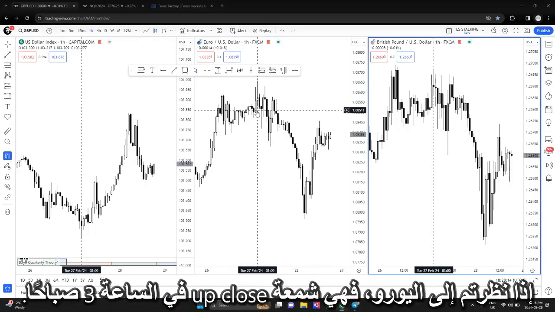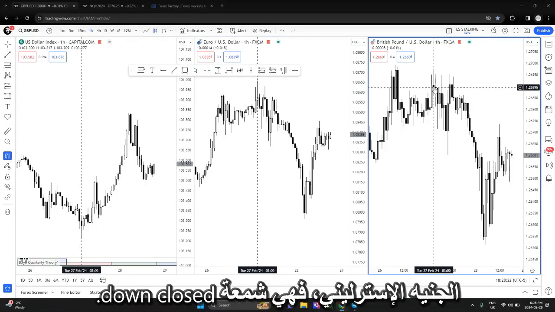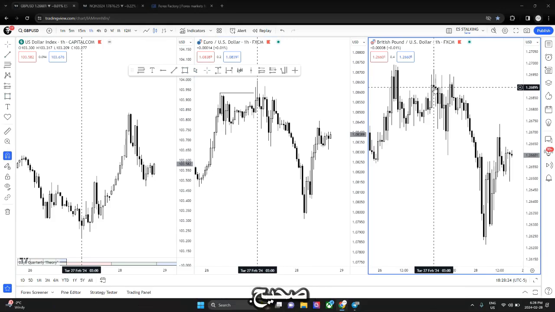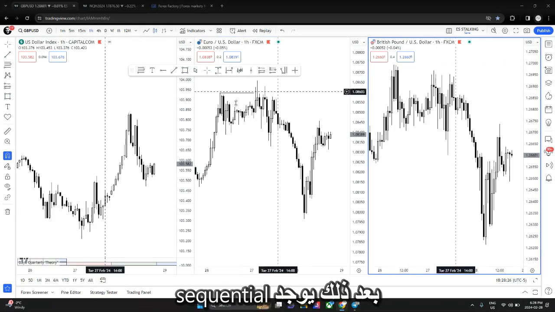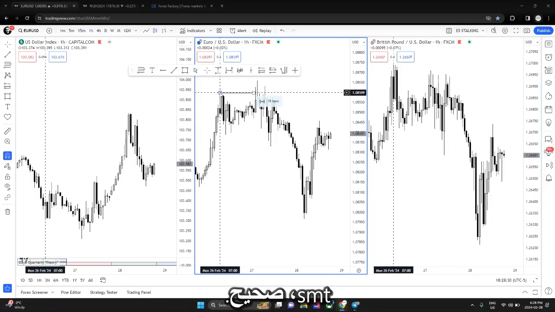If you look at the euro, it's an up close candle at 3 a.m. If you look at the Great British Pound, it's a down close candle. Right after there is sequential SMT. Right?